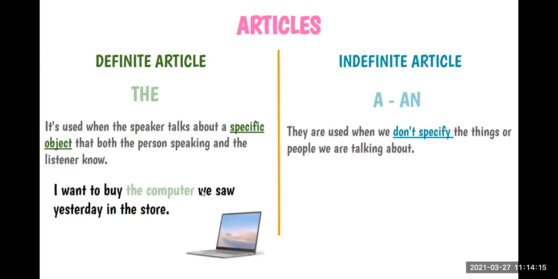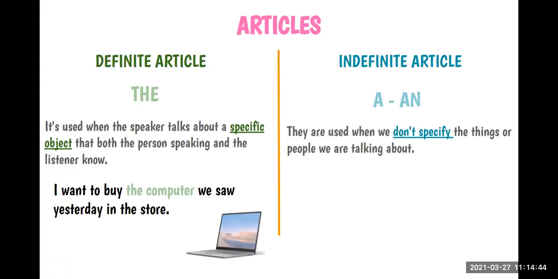It says, I want to buy the computer we saw yesterday in the store. As you can see in this sentence, I am using the computer because it's the one that I saw yesterday in the store. The person who is speaking knows what computer is being talked about, and the listener also knows the computer. So we are talking about a specific computer.